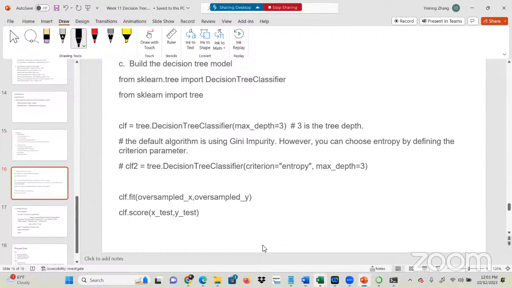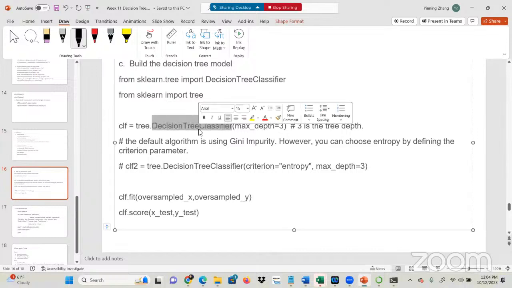If the depth is 3 and the other model's depth is 4, and they give you the same accuracy, then which one should we choose? We choose the 3, because we prefer models that are simpler. They use less computation power, and they're easy to understand. We always choose the simpler model if they give you the same result.